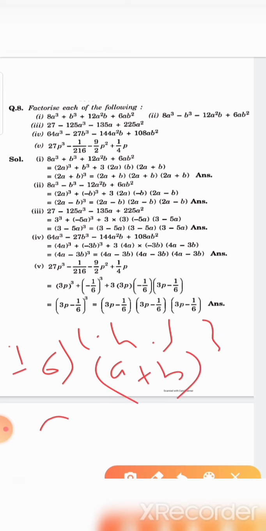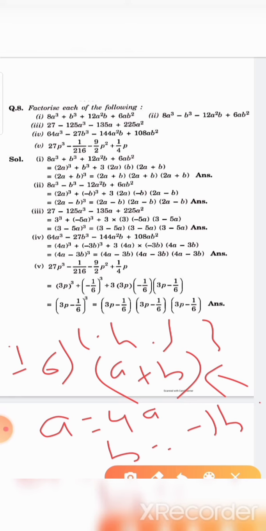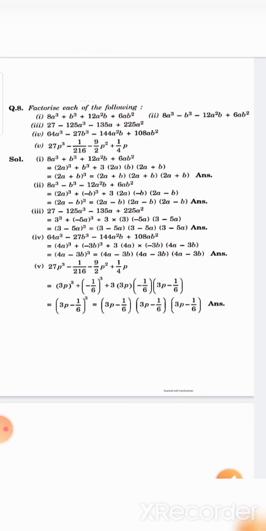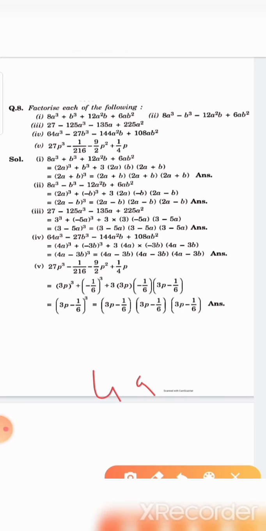Comparing the terms, we get a with our polynomial, the a is 4a and b is -3b. Substituting in the factor we get (a + b) as (4a - 3b) whole cube, and (4a - 3b) whole cube means we multiply (4a - 3b) 3 times in brackets, and it will be the factor of our polynomial.